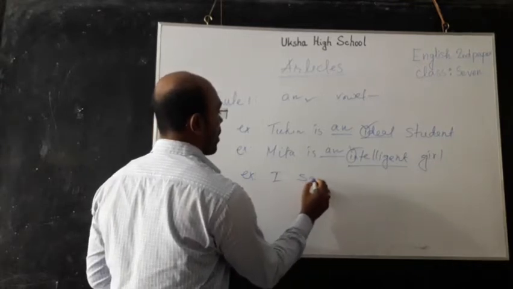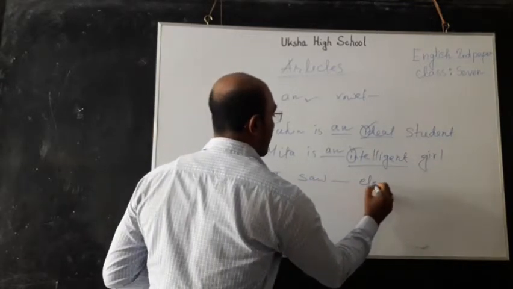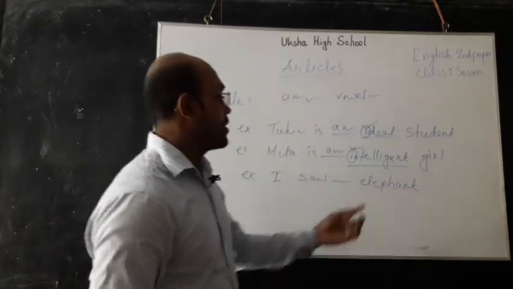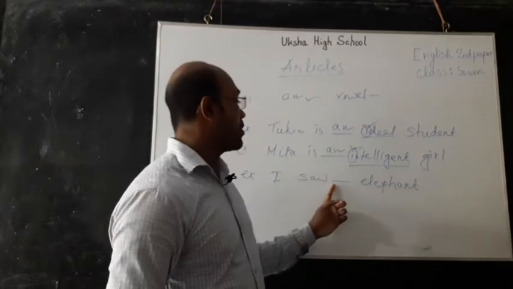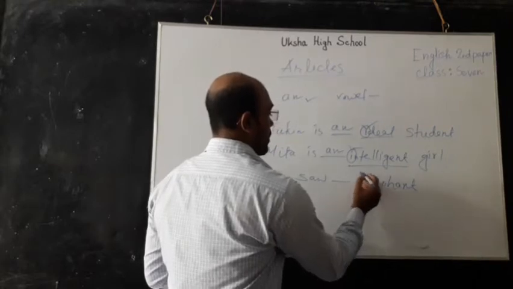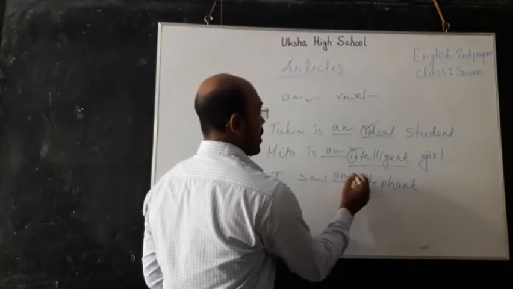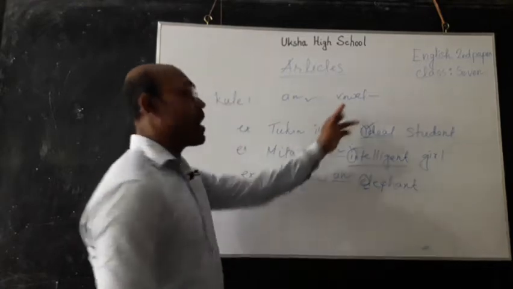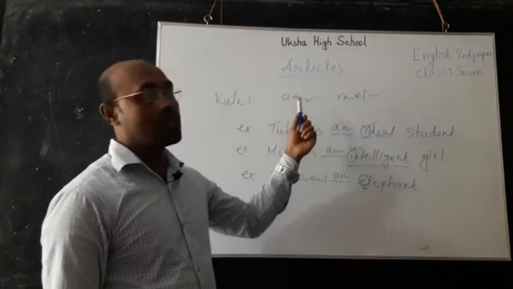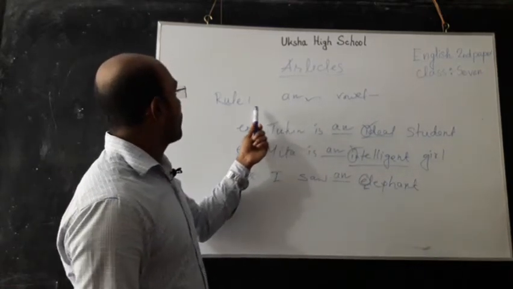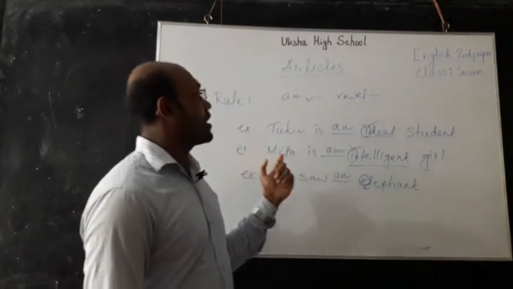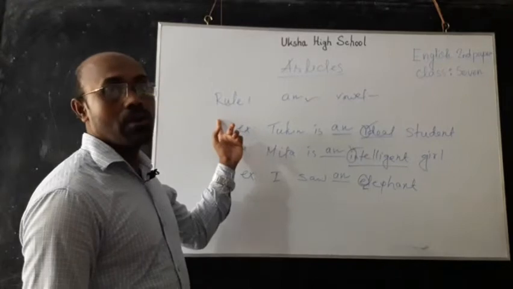I saw a gap elephant. So, dear students, can you guess what we will use in this gap? Yes, we will use an, because this word begins with a vowel. So I hope all the students are very clear about Rule 1.